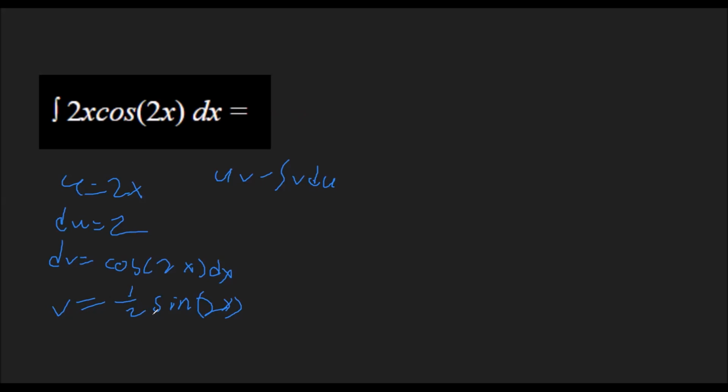So 2x times 1/2 sine 2x, and that is just equal to x sine of 2x minus the integral of v, which is 1/2 sine of 2x, times du, which is 2. So we're just going to simplify this already by turning 2 times 1/2 into 1. So we end up with the integral of sine of 2x.